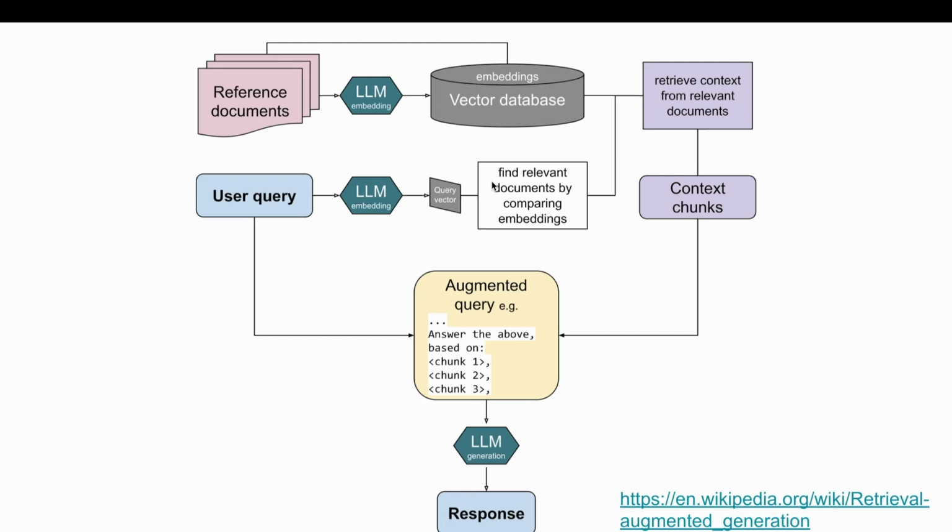And then you retrieve the top 4, 5, 10 vector embeddings from your reference documents that are closest in that high dimensional vector space to your query. So your reference documents are embedded, your query is embedded. When you go to query your reference documents, that query is itself embedded and matched with relevant text chunks.